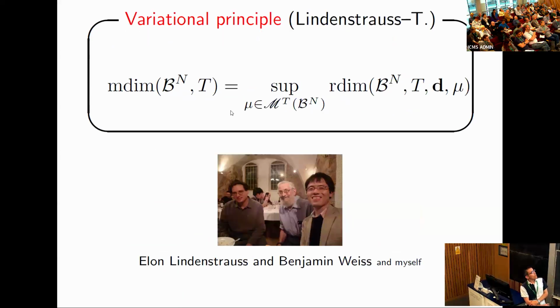Okay. So now we have the following theorem called the variational principle. The mean dimension of the space of Brody curves is equal to the supremum of this rate distortion dimension. The left-hand side is a topological invariant introduced by Gromov, and the right-hand side is a somewhat mysterious quantity introduced by some information theorists.